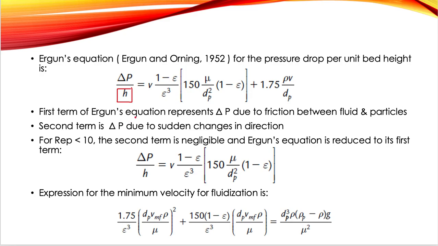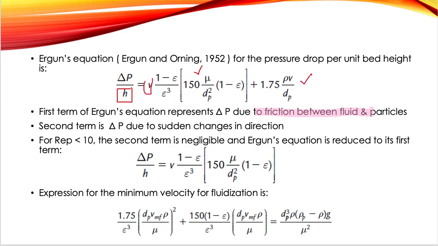The first term of Ergun's equation represents the pressure drop due to friction between fluid and particles, and the second term is the pressure drop due to sudden changes in direction. So this is the first term, due to friction. That's why we have a velocity here.